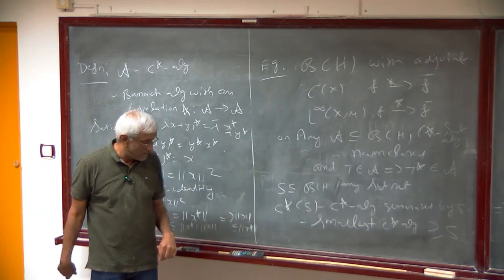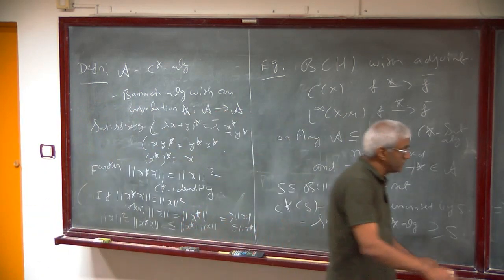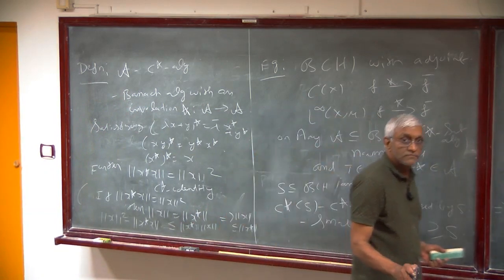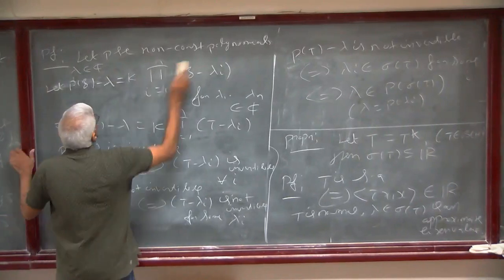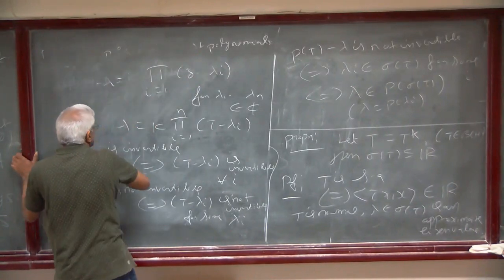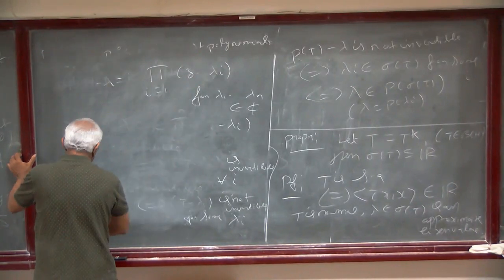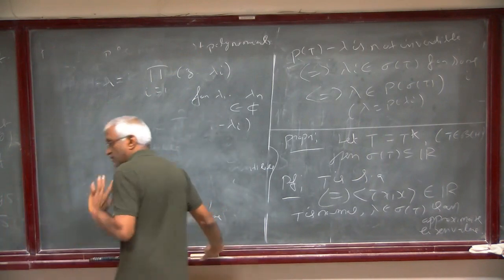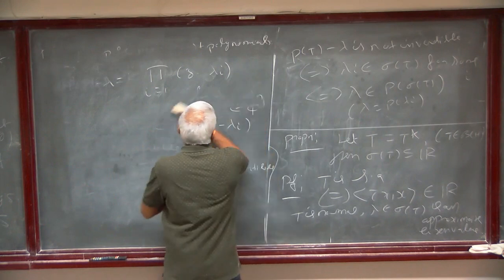That's all. You can do this for a single operator. Incidentally, we will only consider unital C star algebras in this course.